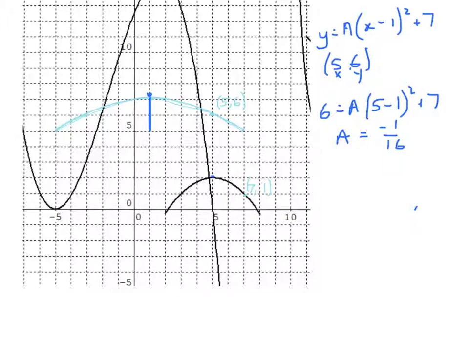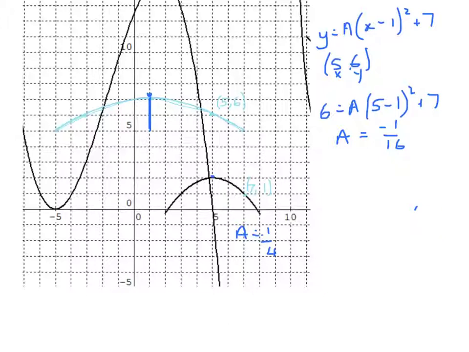Now previously, in my previous equation, my coefficient a was -1/4. So I've actually made it twice as wide. This graph was 6 squares wide. This is now 12 squares wide.